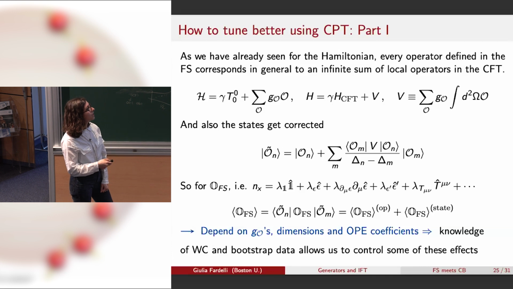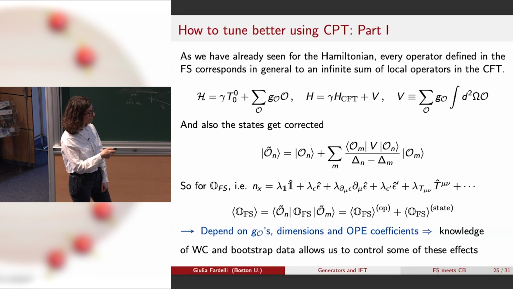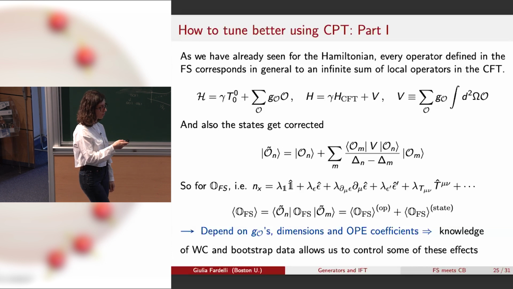The good thing is that this part just depends on the Wilson coefficients, the dimensions, and the OPE coefficients. For low energy states, these OPE coefficients are known from the bootstrap. So having a good understanding of what these Wilson coefficients are as a function of n will allow us to have some control over these UV effects.